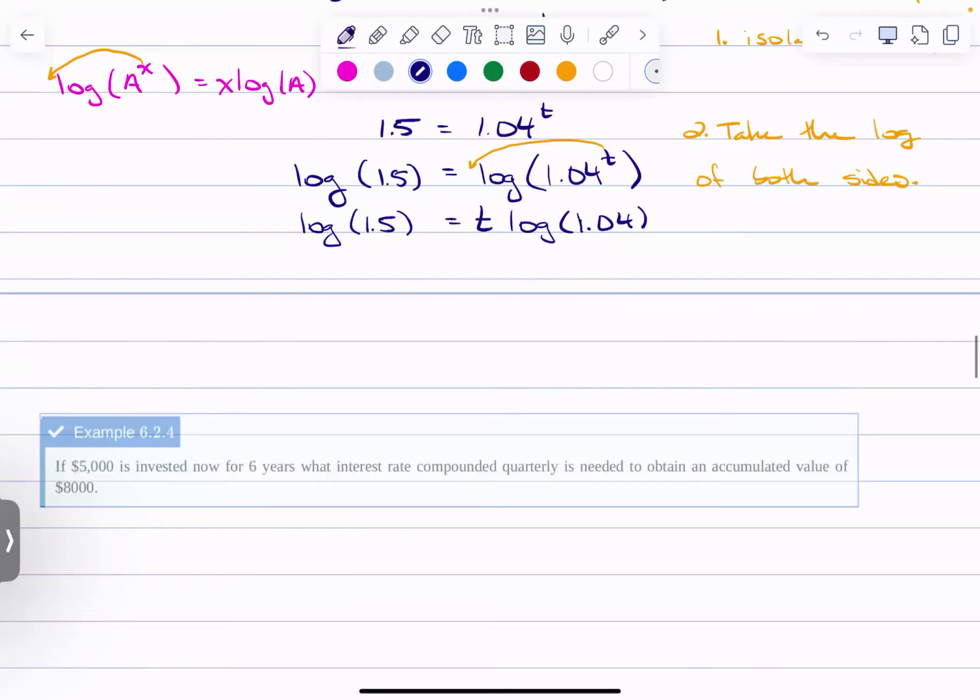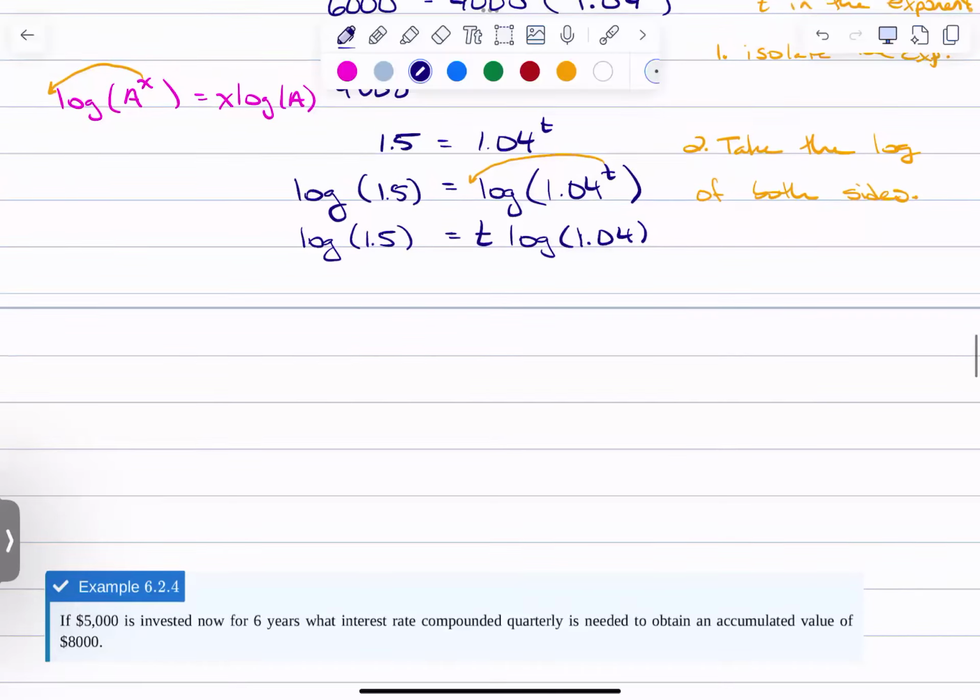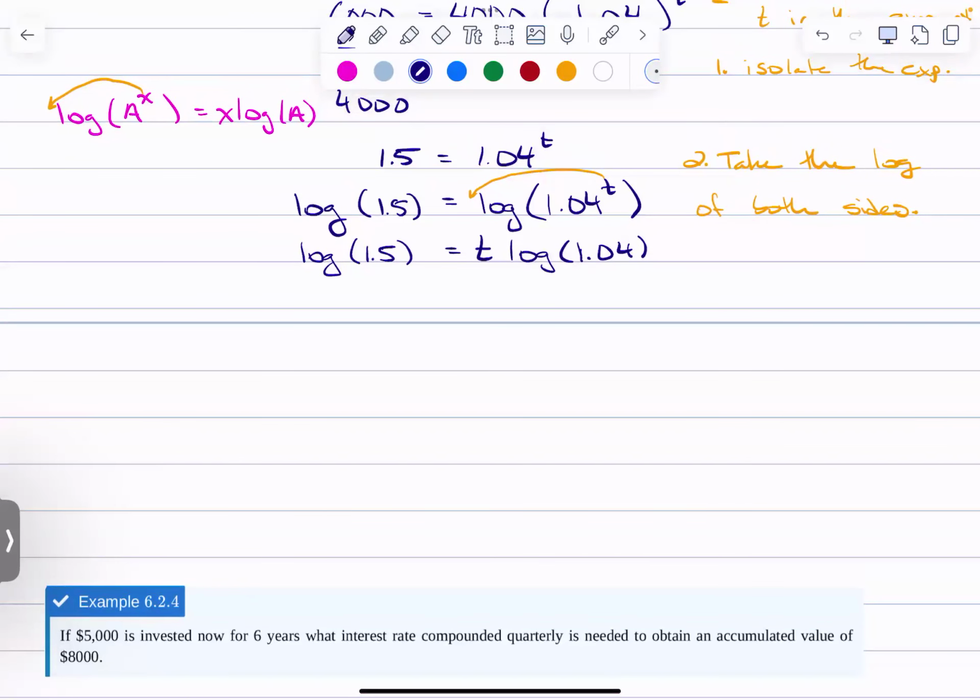This is a number, and this is a number. We're going to find what those numbers are, but just to emphasize that they're just numbers.